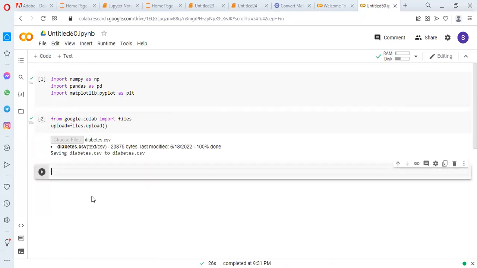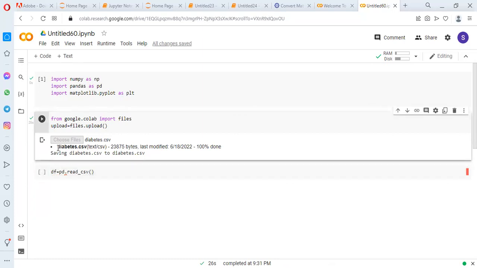Now I will write df equal to pd.read_csv, and I will just copy and paste the file name over here.